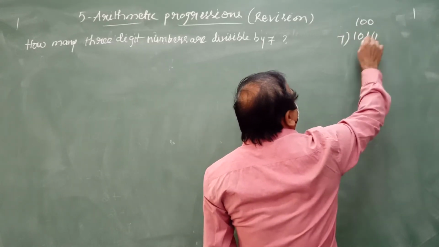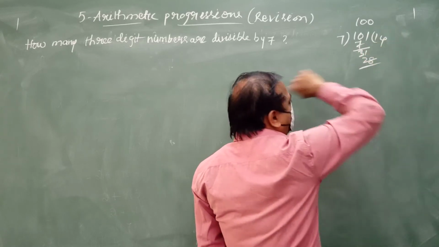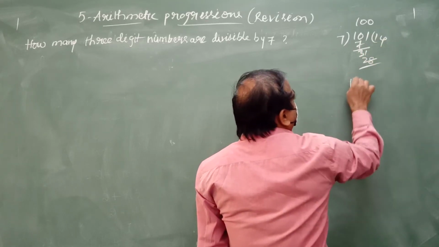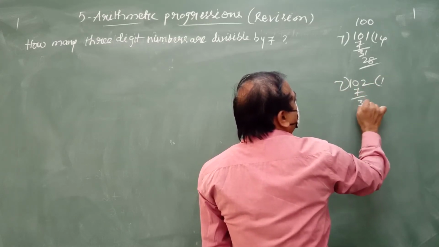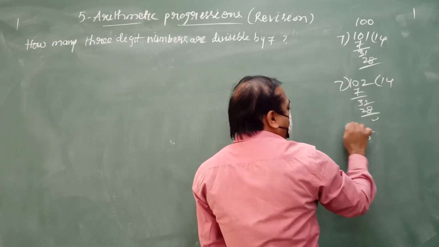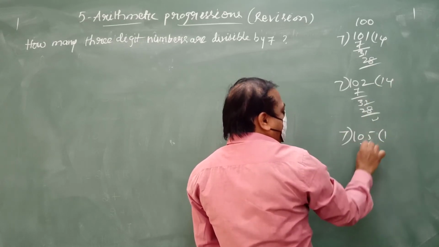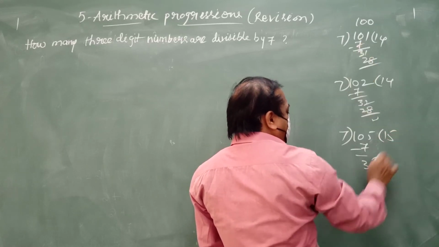Check 101. 7 table. 7 ones are 7, 7 fours are 28. So not suitable. 102, then 7 ones are 7, 7 fours are 28, so not. 105. Check it. 7 ones are 7, minus 3, 5. 7 fives are 35.